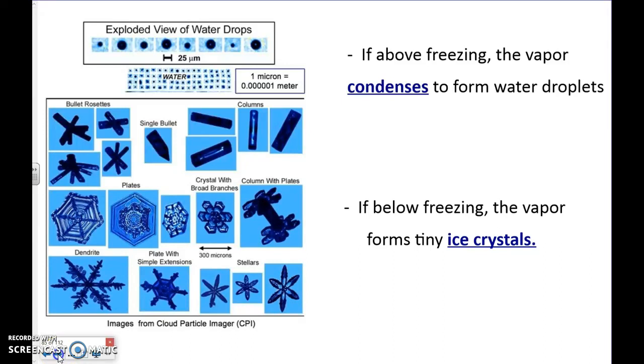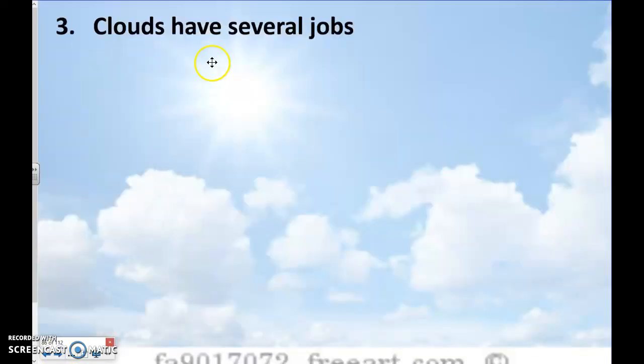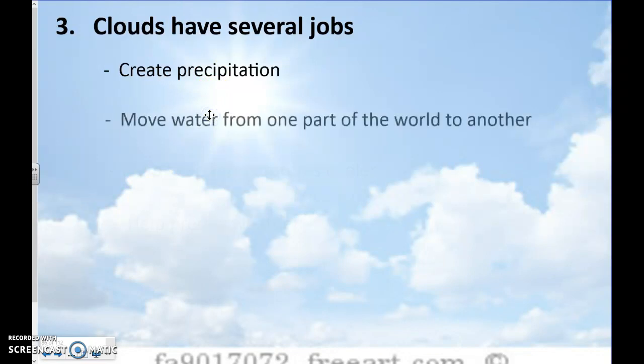Clouds have several jobs, okay? They are important for, obviously, creating precipitation. That's a big thing, okay? How do we get our water? How do we get rain? From precipitation. The other thing that it does, actually, it has to do with the same concept, is clouds move water from one part of the world to another.